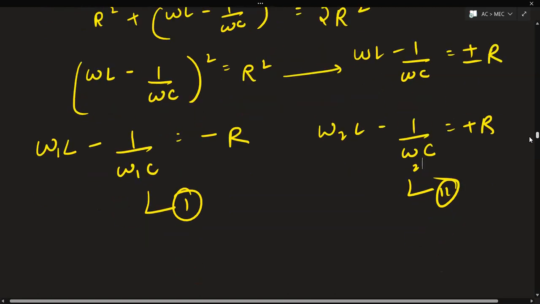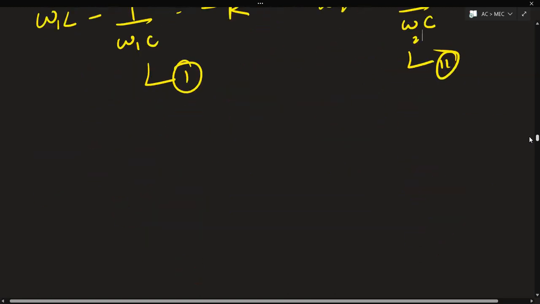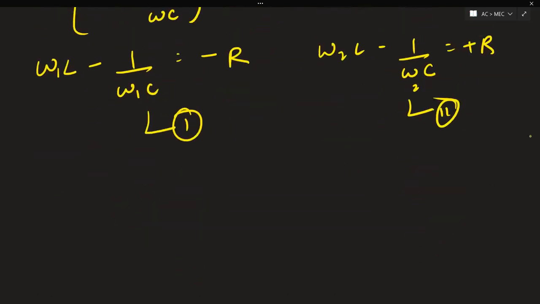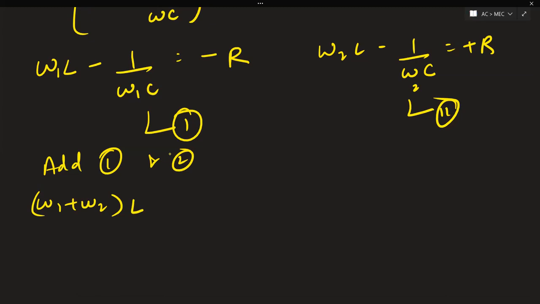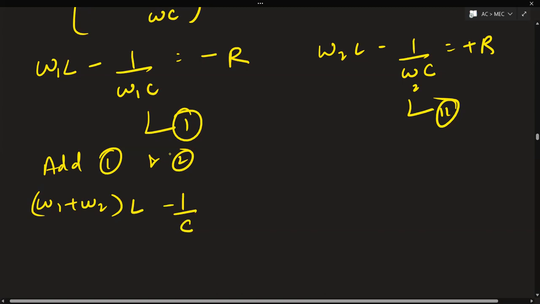Now just these two equations are required for solving and getting our answer. If I add these two equations, 1 and 2, see what will I get? Omega 1 L plus omega 2 L. So omega 1 plus omega 2 times L. Clear? Now, if I take 1 by C common, I'll be left with 1 by omega 1 minus 1 by omega 2.